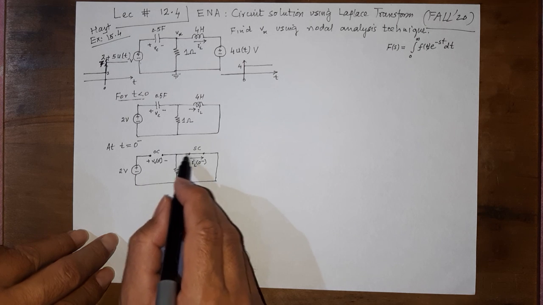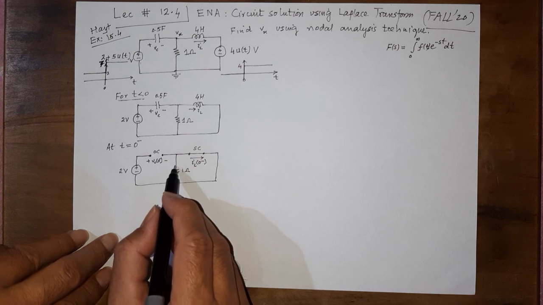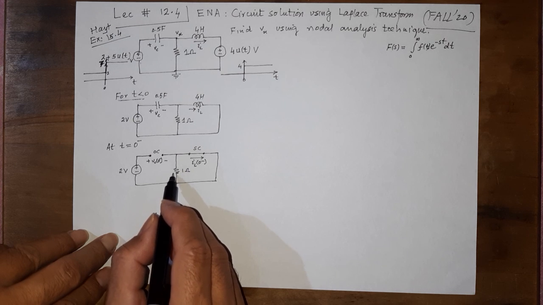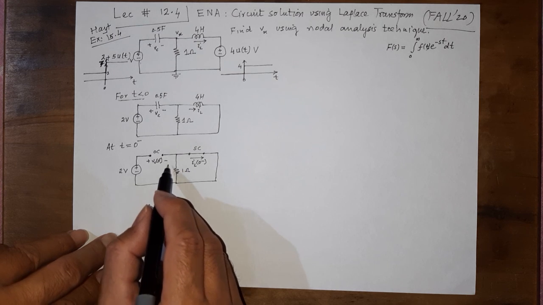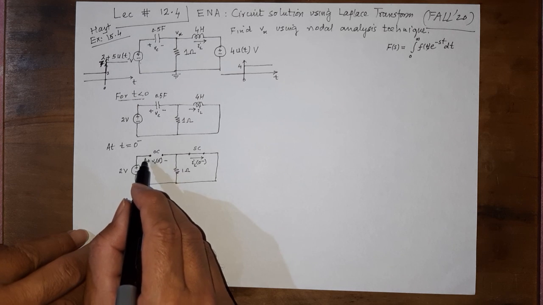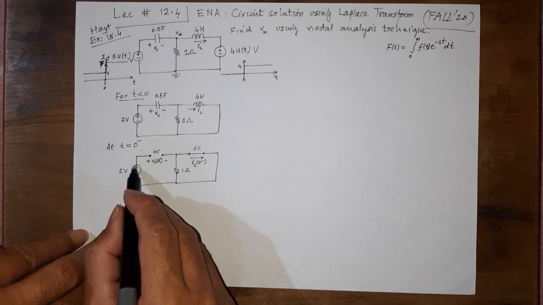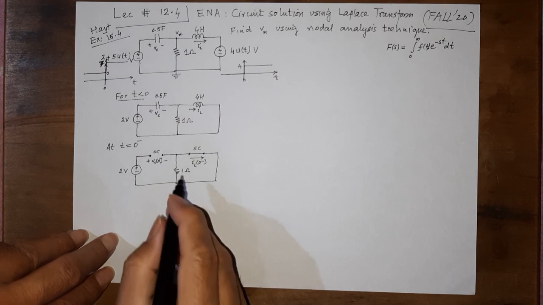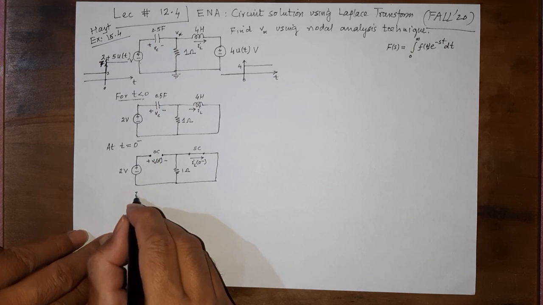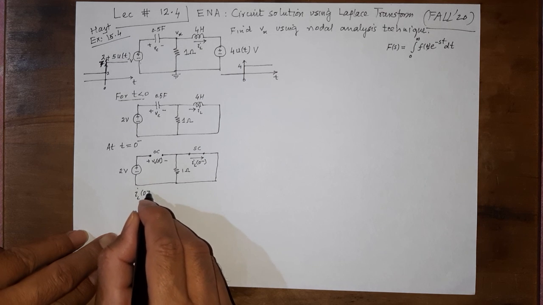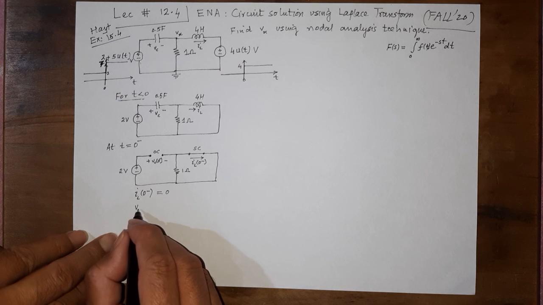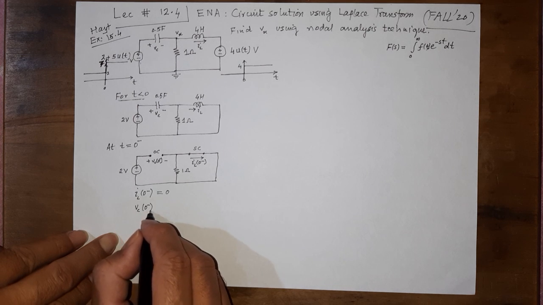This resistor is shorted out by the inductor, so both ends of the resistor are joined together. No current is going to pass through this resistor. Current in any way cannot pass through because the voltage source has been opened up by the capacitor. So what will be the value of IL at 0 minus? 0.